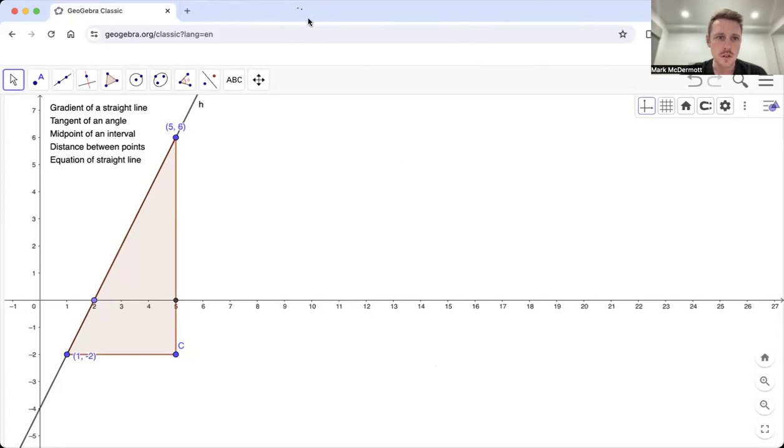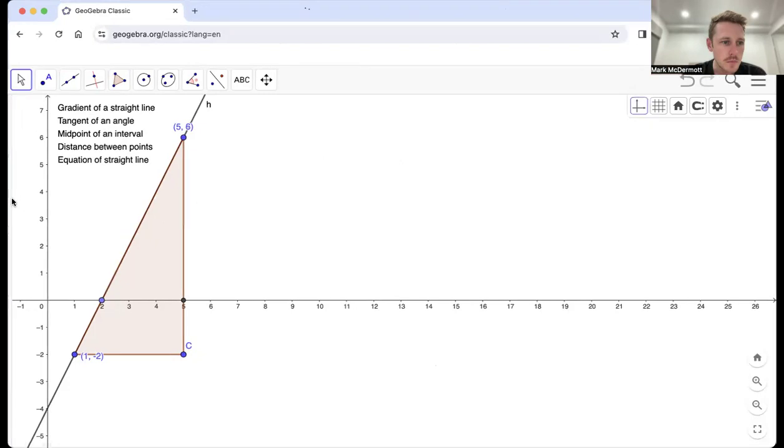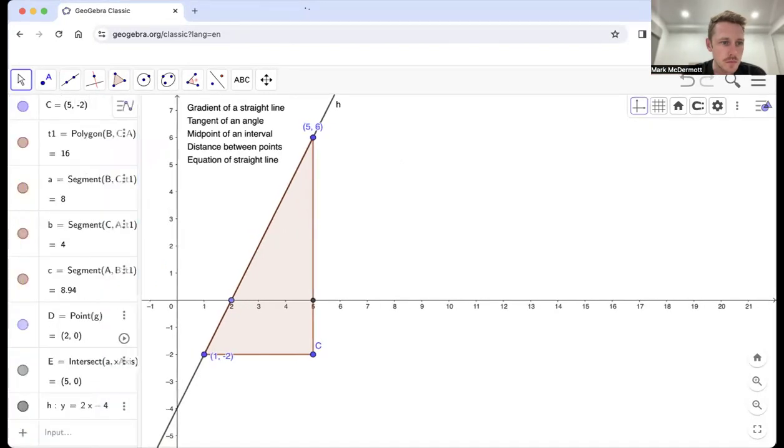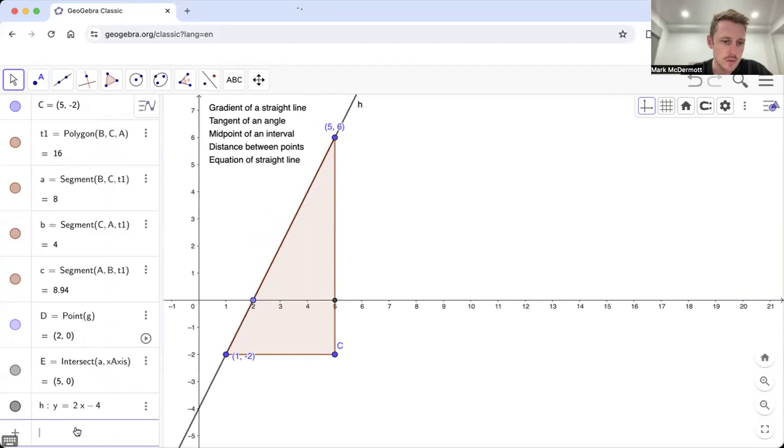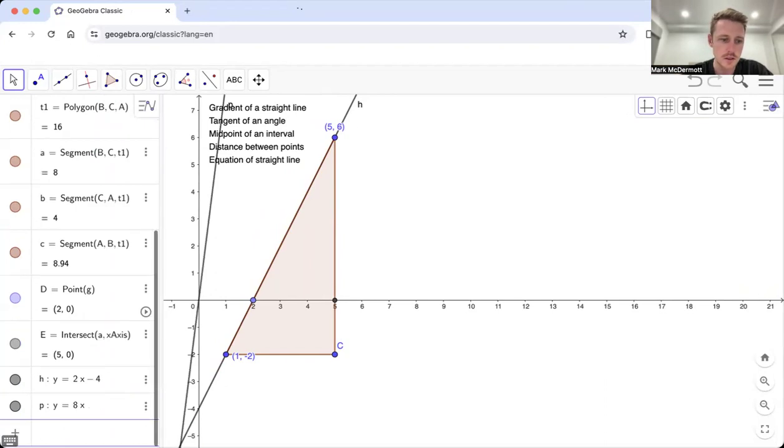If we think about a few interesting lines, let's just do y equals ax, where a is a slider, and y equals b multiplied by x.